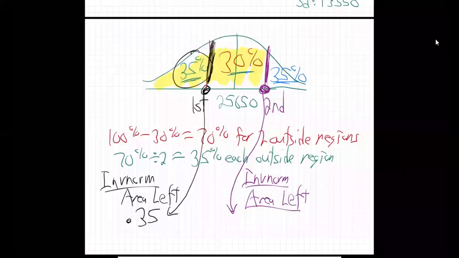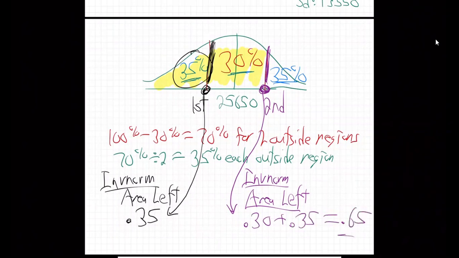All of this area is left of the second spot, isn't it? So it's going to be 0.30 plus 0.35. In other words, 0.65 is the area to the left of the second spot. And so that's what you got to type in, and then the mean and the standard deviation, and hit the buttons on your calculator. So that's how we find the two edges of the 30%.